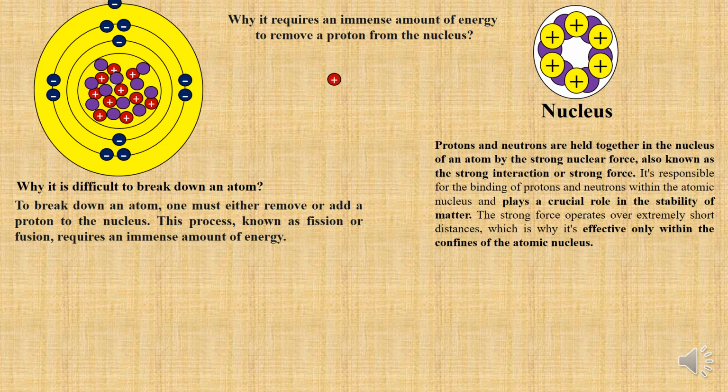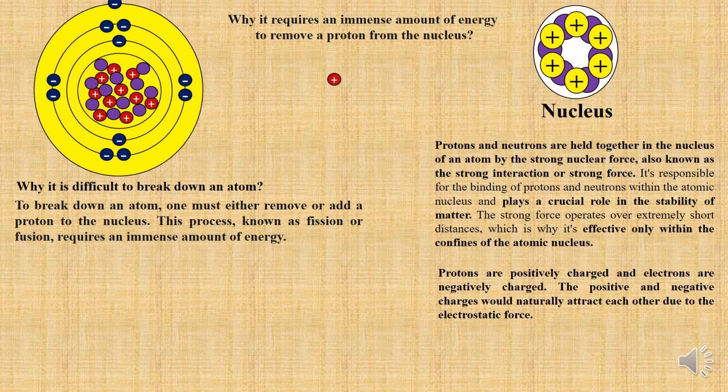This strong nuclear force is responsible for binding the protons and neutrons within the nucleus, and this plays a vital role in the stability of matter. This strong force is effective only within the nucleus, that is, within a short range.